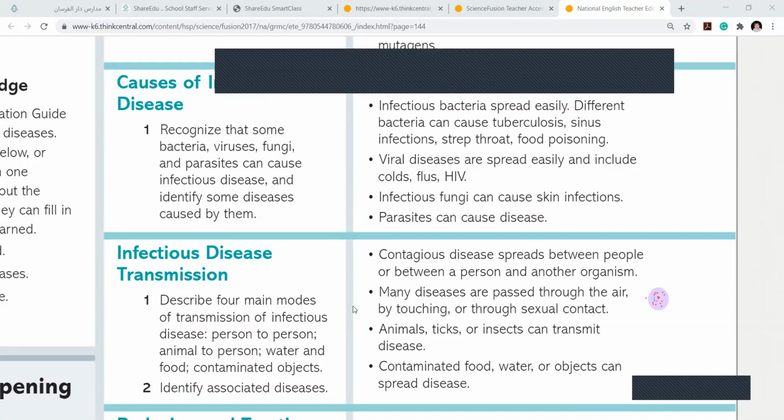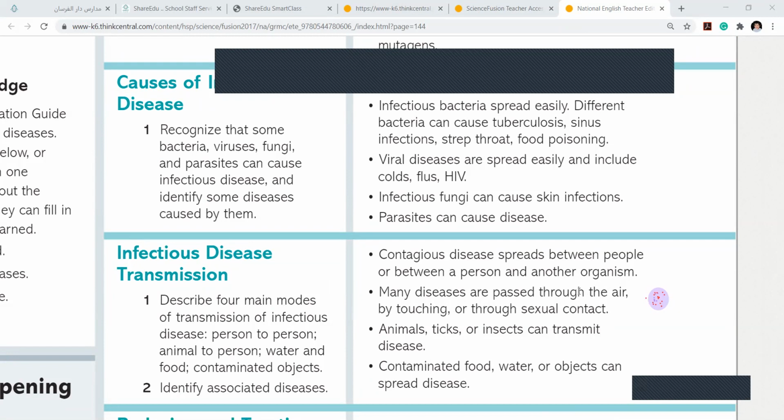What is the route? Through the air, right? Nowadays, this lesson on immunity and infectious diseases is all what we are going through during the pandemic, during this lockdown. What are they saying?